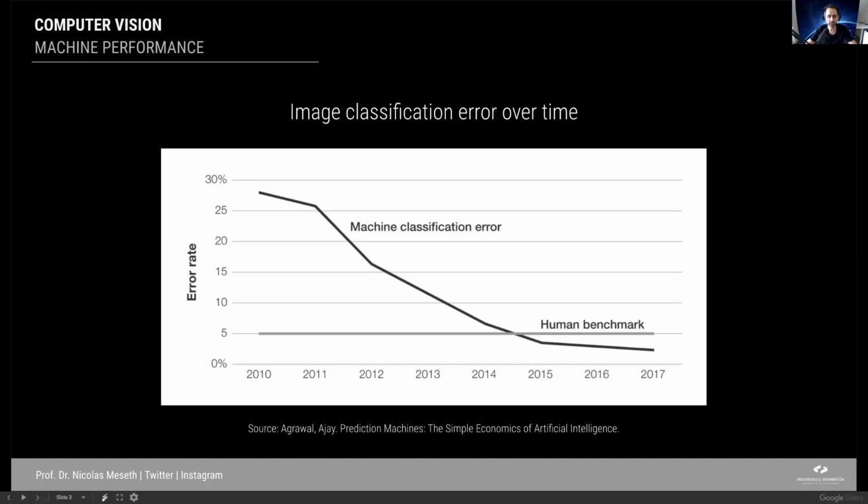So this is a chart that shows that machines are very good at predicting or classifying images, and this of course leads to machines also being used instead of humans.